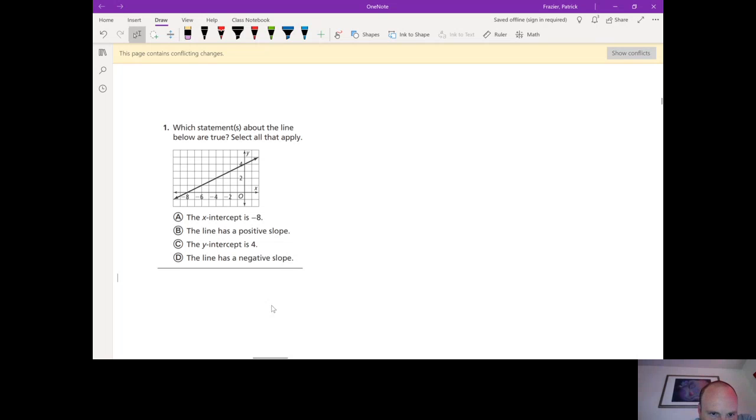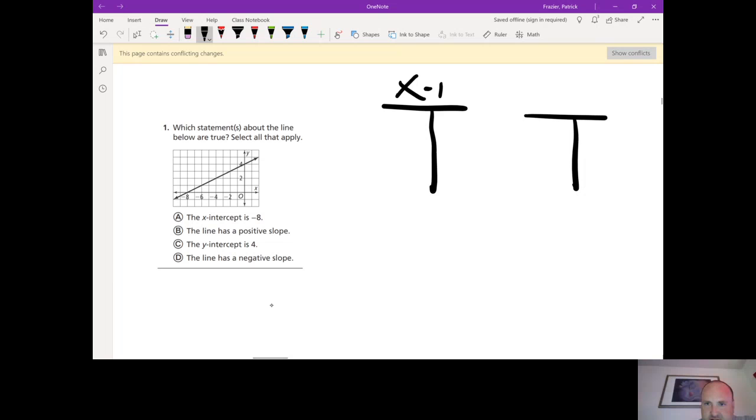So we have this line here, and it says for A, the x-intercept is -8. Remember, x-intercept versus a y-intercept.